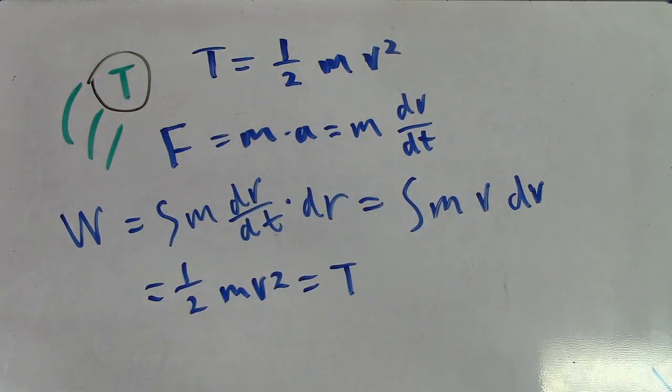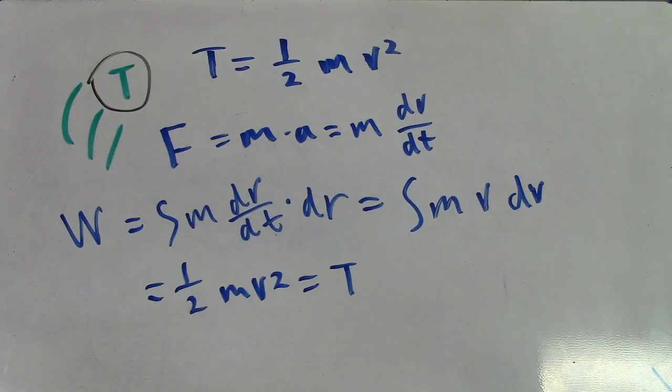This shows a couple of things. First off, it tells us the equation for kinetic energy, however, we already knew the kinetic energy equation. So, the more interesting thing it shows is that work applied to an object is the change in that object's kinetic energy.